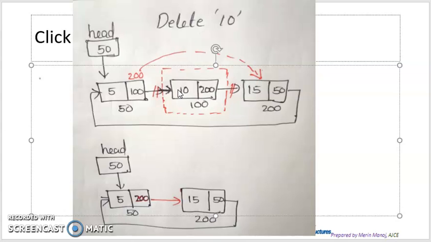In that case, after deleting this node, the list will appear like this. Check the changes that we have made after deleting this node. We have to eliminate this link and this link, and make a link from the node 50 to the node 200. The in-between node got deleted.